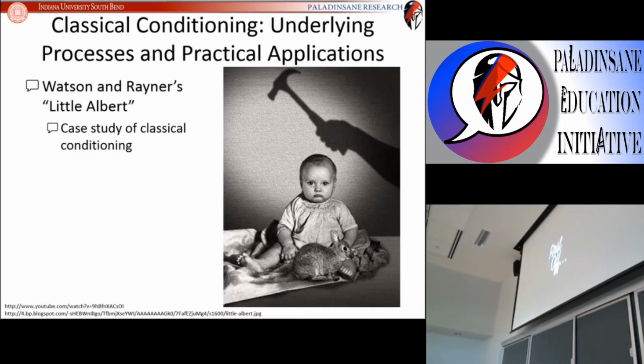First off, Watson presented little Albert with objects that he was not afraid of, objects that Albert initially liked. These included fire, a monkey.